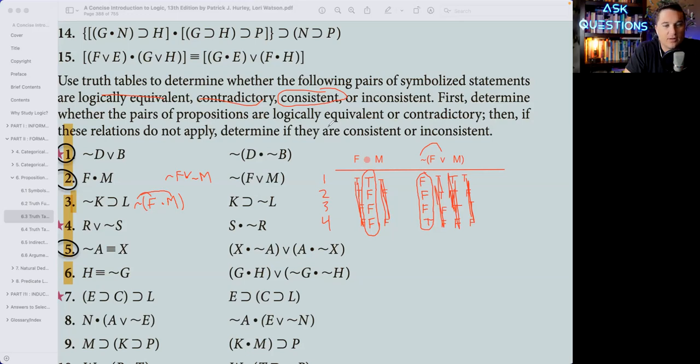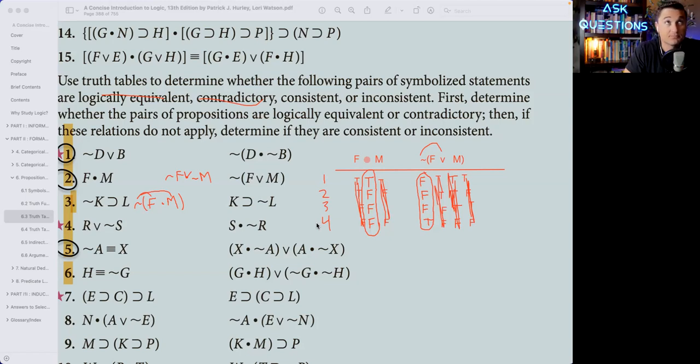Let me give you 3 statements that are logically inconsistent. Suppose I told you that, okay, so I'm making this on a Tuesday. So if I were to say, here are the statements.